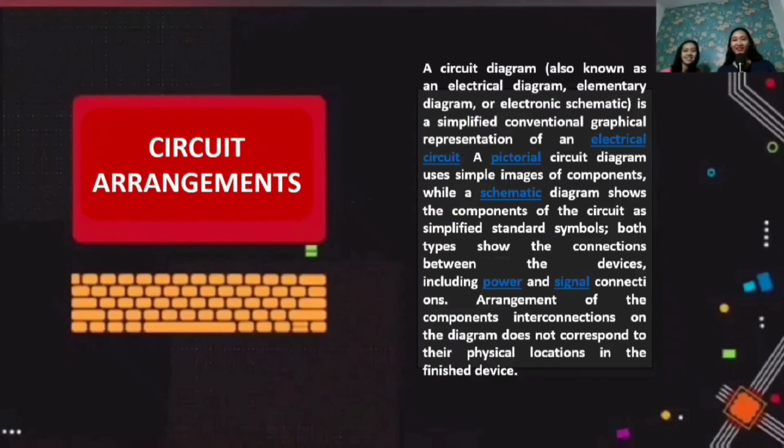Both types show the connections between the devices, including power and signal connections. The arrangement of the components and interconnections in the diagram does not correspond to their physical location in the finished device.